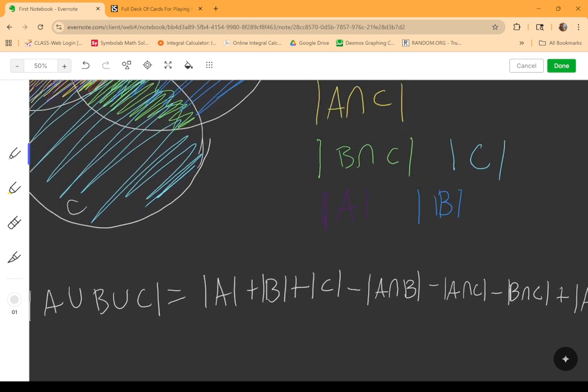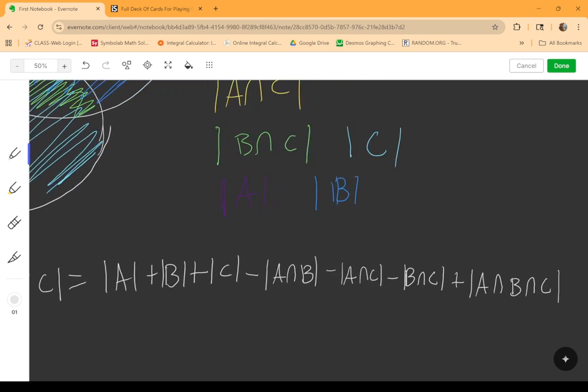Okay, so again, you can imagine what this would look like if there were 4. We won't go into that one, but you can see the more sets we add, it gets exponentially more complex, the operation here. All right, but for this one, we have this equation here, right?